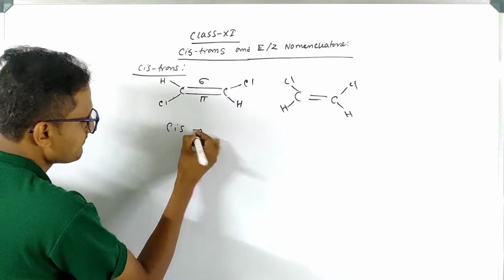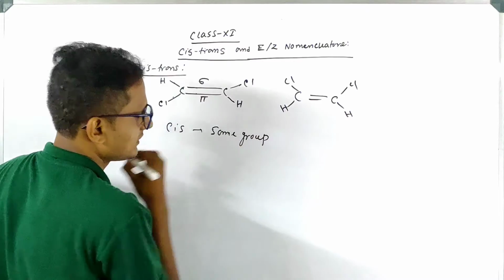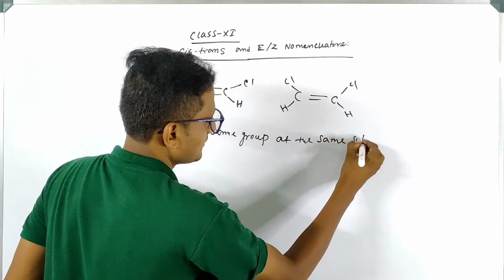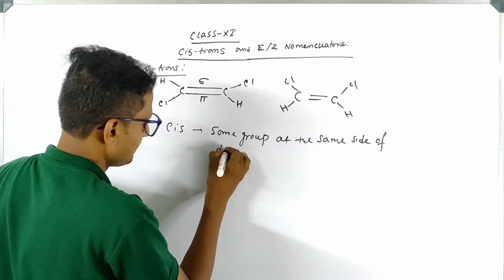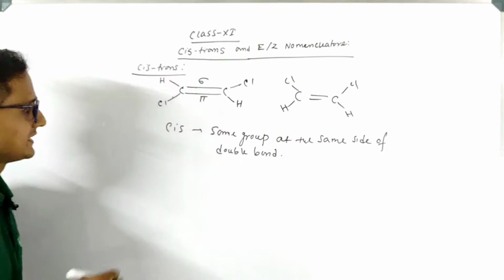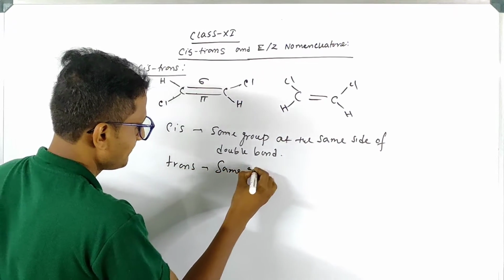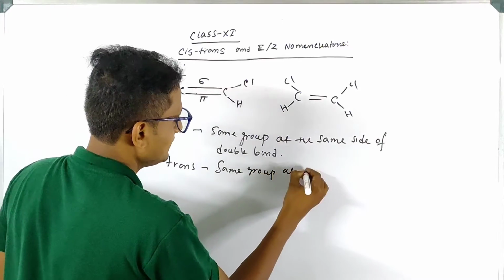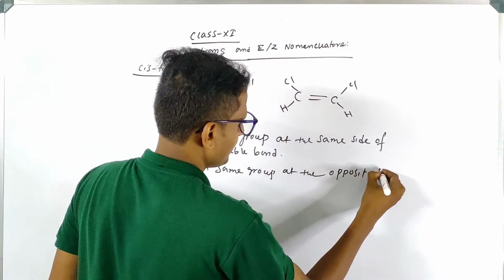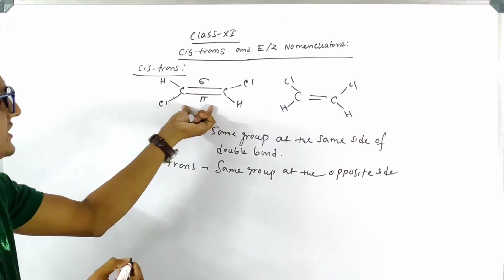Cis means same group at the same side of the double bond. Now trans means same group at the opposite side. It is trans.